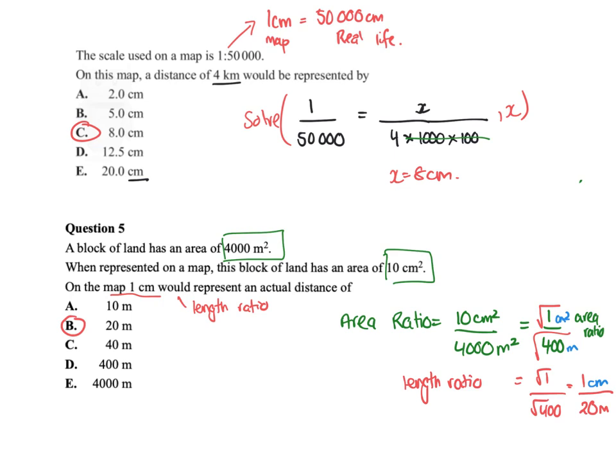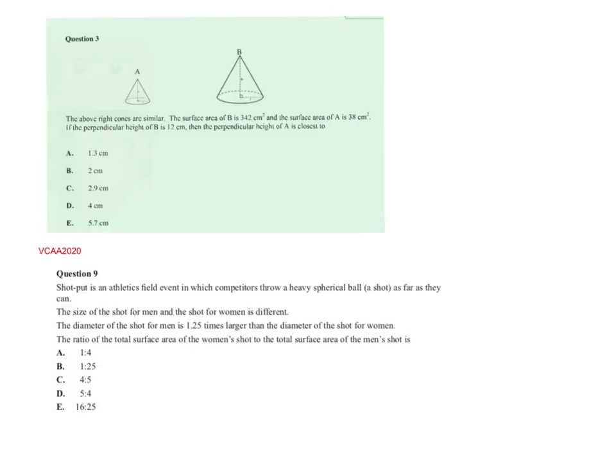All right, so question 3, the cones are similar. So they're always going to tell you that these objects are similar, so you know you're going to be doing it. It says B has a surface area of 342 centimeters squared, and A has a surface area of 38 centimeters squared.